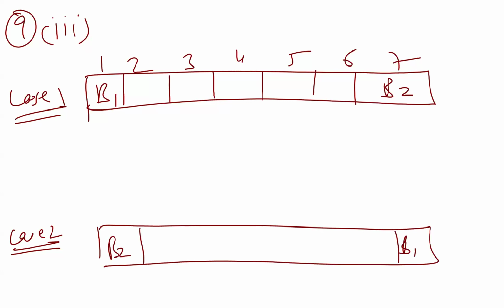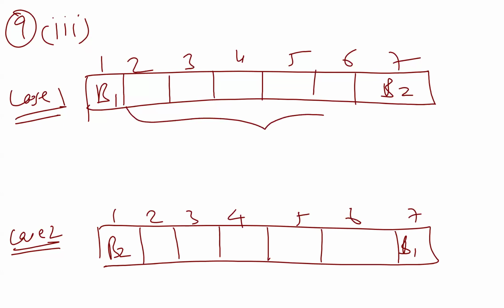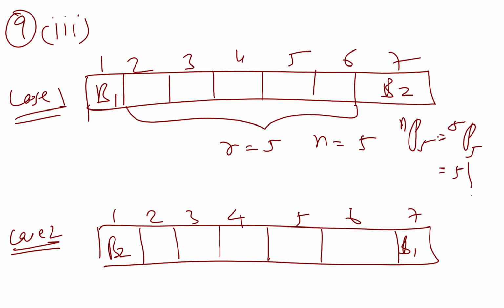But these 2 books are specifically at the ends. In between there are 5 places, 5 blanks, and the number of objects left is also 5. So nPr is 5P5, 5 factorial ways, and here also it will be 5 factorial ways. So the final answer will be case 1 or case 2, so you can add 5 factorial plus 5 factorial.